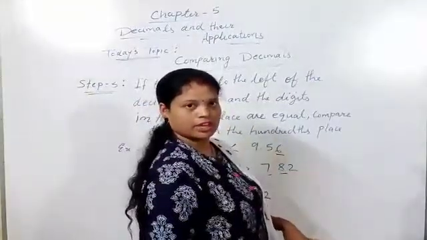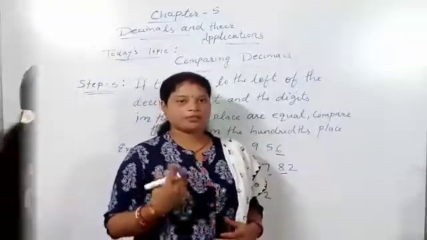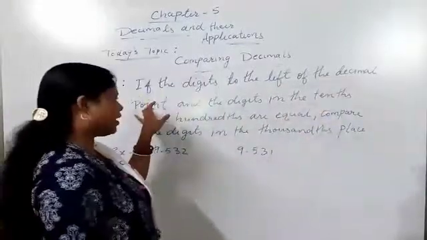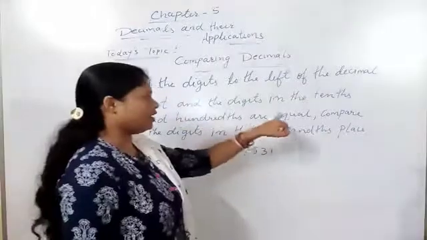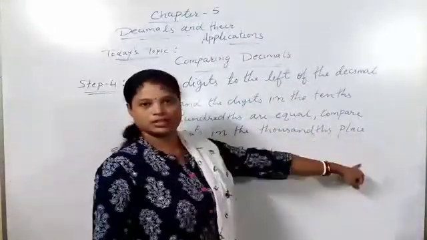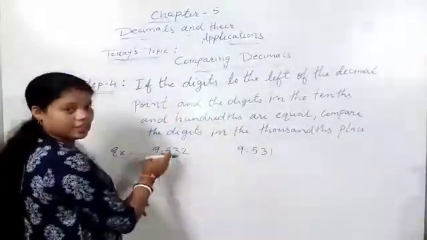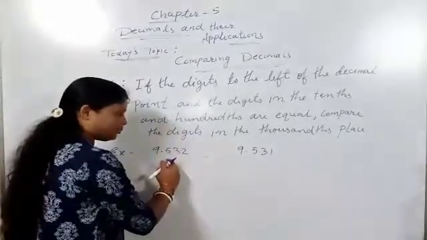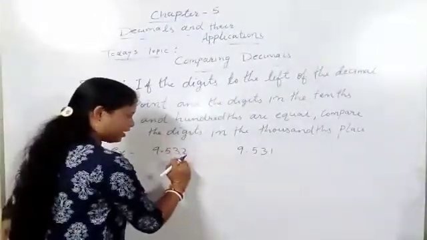Now we'll see the next one, step 4. If the digits to the left of the decimal point and the digits in the tenths and hundredths places are equal, compare the digits in the thousandths place. If the left side of the decimal is equal, we see the tenths place. If both are equal, we check the hundredths place.